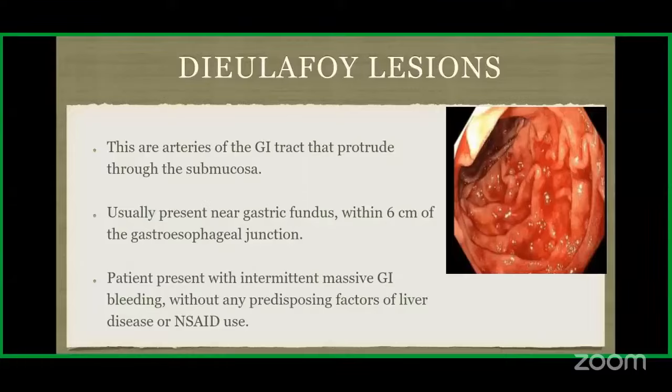The most common site is near the gastroesophageal junction, within 6 centimeters of it, along the lesser curvature of the stomach. The patient presents with massive, intermittent GI bleed, but there are no predisposing factors because this is basically an anatomical variant. So underlying causes like alcohol or liver disease are not present.